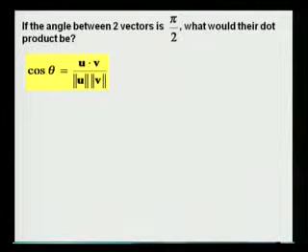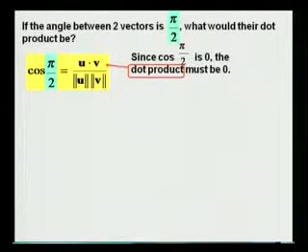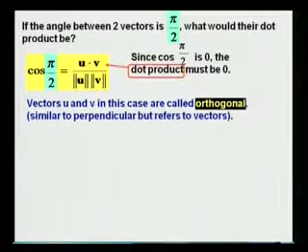If the angle is pi by 2, then cos pi by 2 is equal to 0. So u dot v upon modulus of u times modulus of v is equal to 0. So u dot v is equal to 0. Since cos pi by 2 is 0, the dot product must be 0. Vectors u and v in this case are called orthogonal vectors.